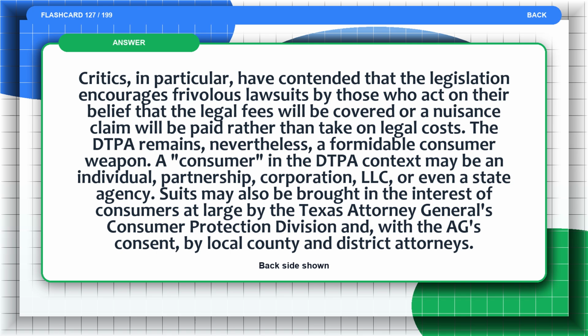The DTPA remains, nevertheless, a formidable consumer weapon. A consumer in the DTPA context may be an individual, partnership, corporation, LLC, or even a state agency. Suits may also be brought in the interest of consumers at large by the Texas Attorney General's Consumer Protection Division and, with the AG's consent, by local county and district attorneys.